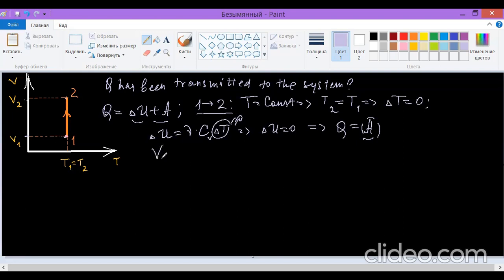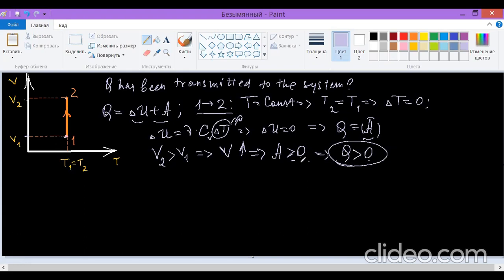We can clearly see that V2 is larger than V1. It means that the volume of the system goes up, and that means the ideal gas does some expansion work. It means that A is positive. If it is positive, it means only one thing: Q is equal to A, and that means that Q is also positive.